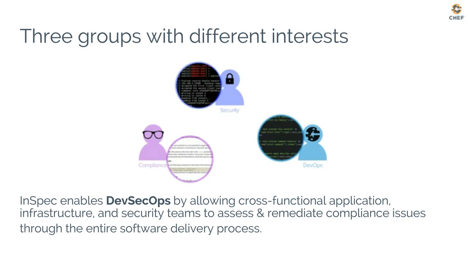With InSpec, we can do the same thing with our security and compliance colleagues by providing a unified language for different groups to use to enable them to all have the same source of truth for their shared responsibilities.